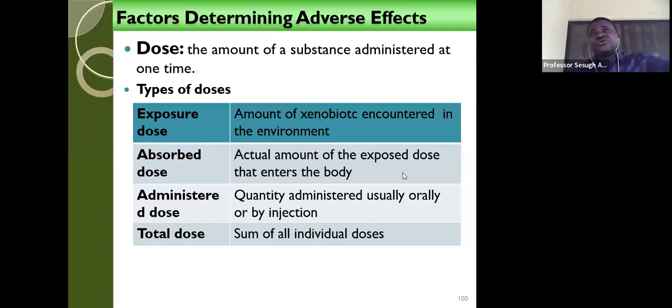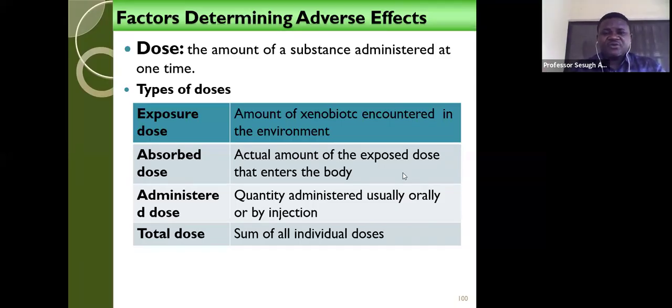For instance, if you are driving to Boko and you get around Dangote cement factory, you get exposed to the products of cement, the dust. That is a kind of exposure dose. It is the one you are exposed to in the environment generally, in your house, on the road, or in the market, and so on.